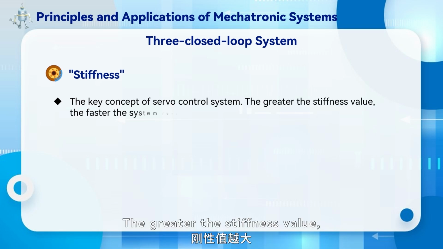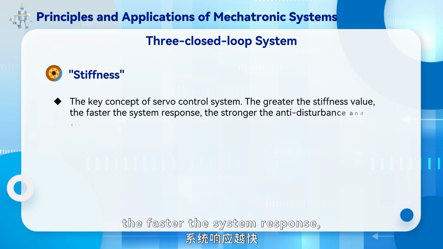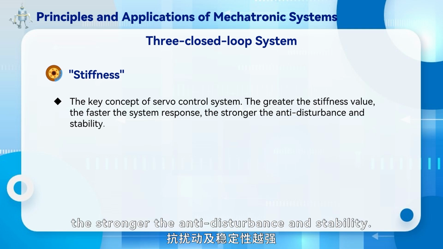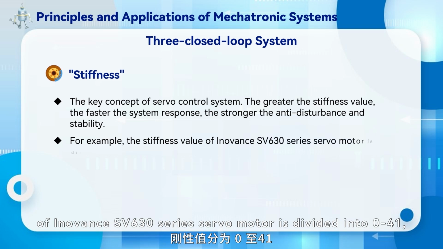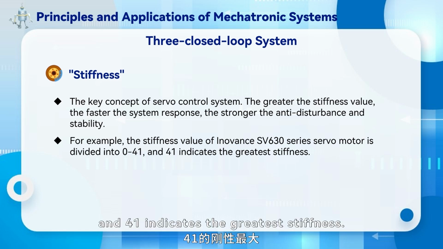The greater the stiffness value, the faster the system responds, the stronger the anti-disturbance and stability. For example, the stiffness value of Inovant's SV630 series servo motor is divided into 0 to 41, and 41 indicates the greatest stiffness.